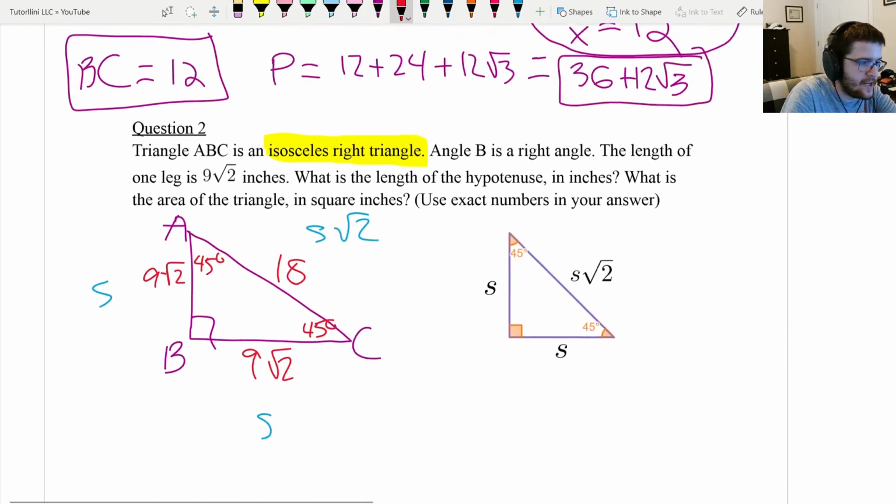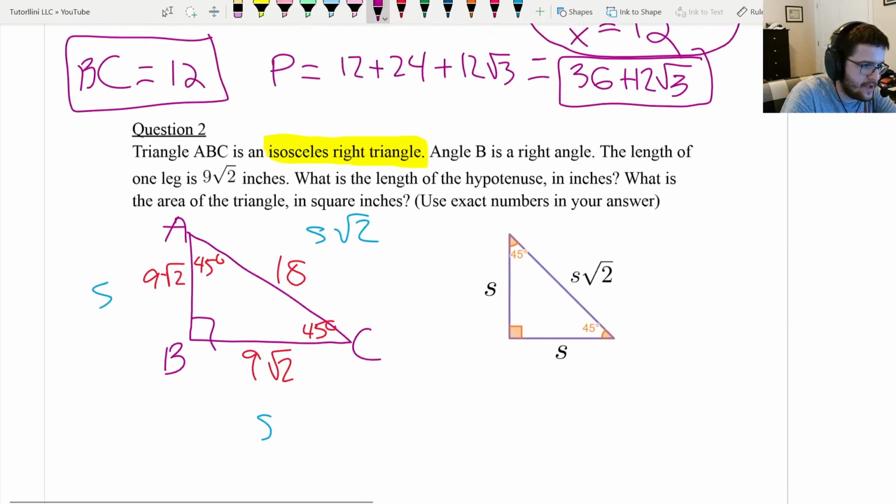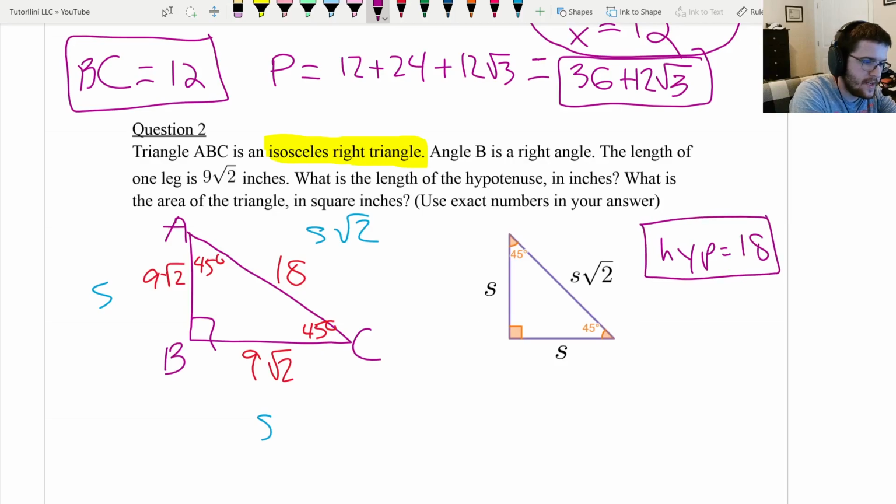And we want to find the area of the triangle in square inches. So the length of the hypotenuse is 18. And the area is 1/2 base times height.